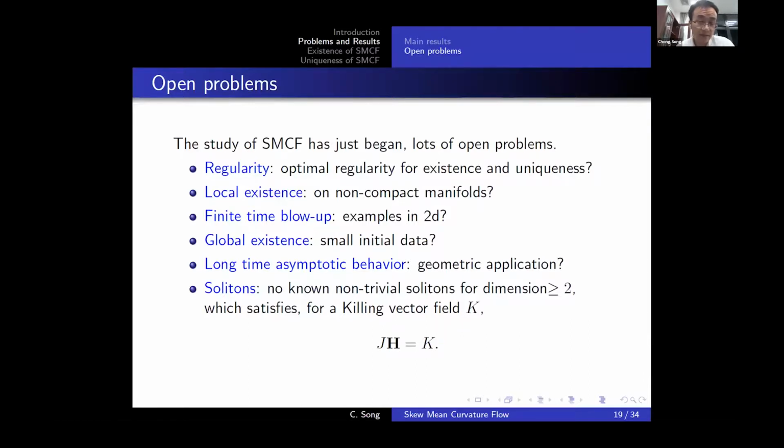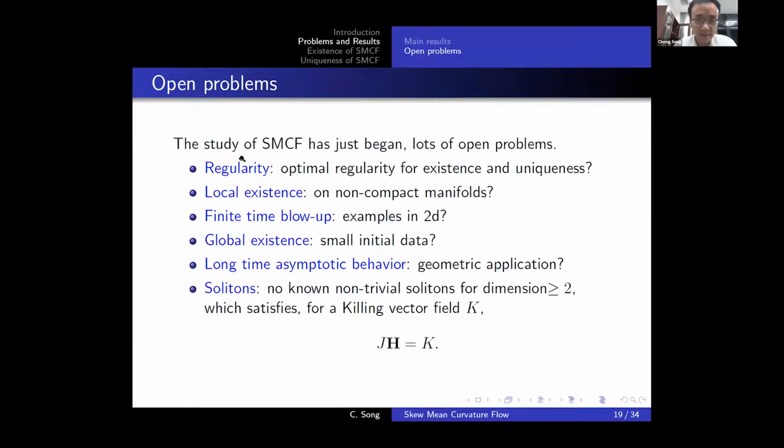As you can see, we can classify the 1D solitons of the vortex filament equation, but we actually don't know any non-trivial soliton for higher dimension, which evolves without changing its shape under the skew mean curvature flow. If there's such a soliton, it would satisfy such an equation. Here, J is the complex structure, H the mean curvature vector, and K is some given Killing vector field of the ambient space.